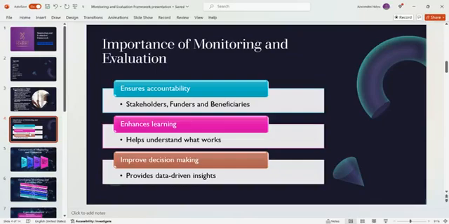So you would find that because of these decisions that are not based on data, some end up being irrational decisions, and they cost companies a lot of money. So that's why we say the importance of monitoring and evaluation is that it would also help you to improve your decisions.